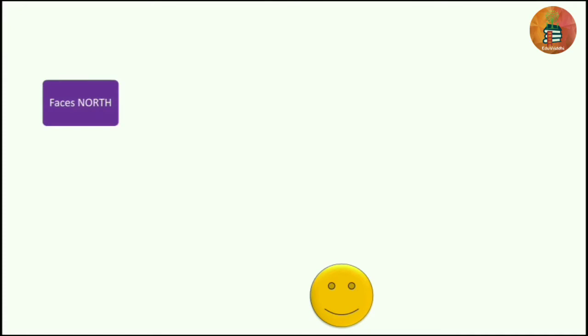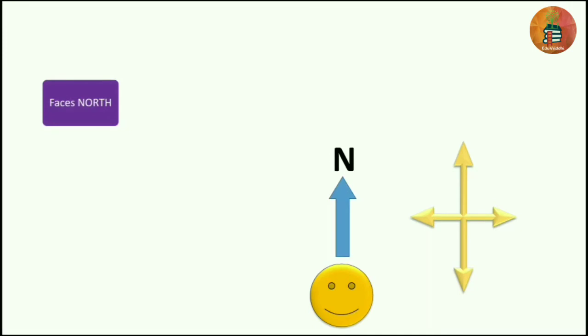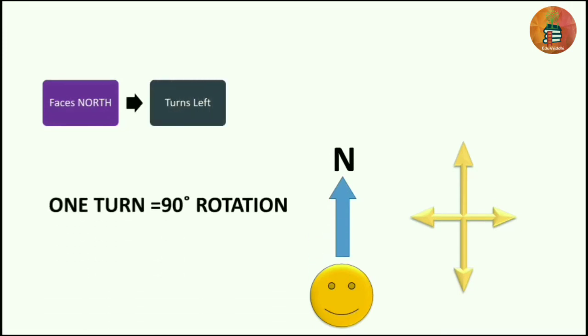And there is another case. In this case, the face of the person is towards north as in the earlier case, but in the second case he is told to turn left. When he is told to turn left, that is nothing but rotating through 90 degrees in the anti-clockwise direction.